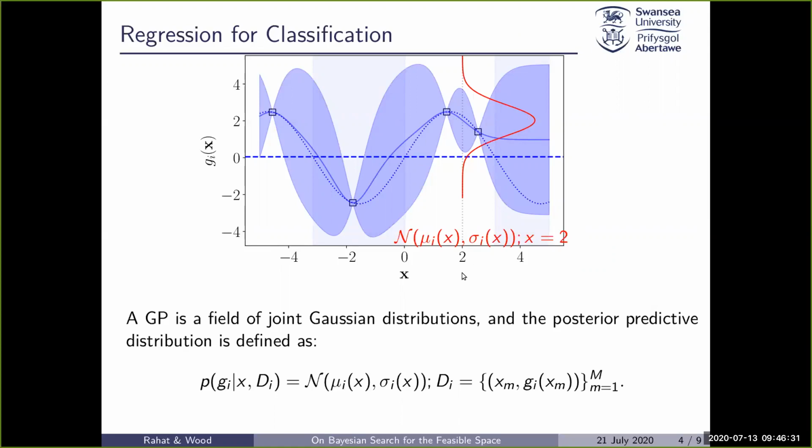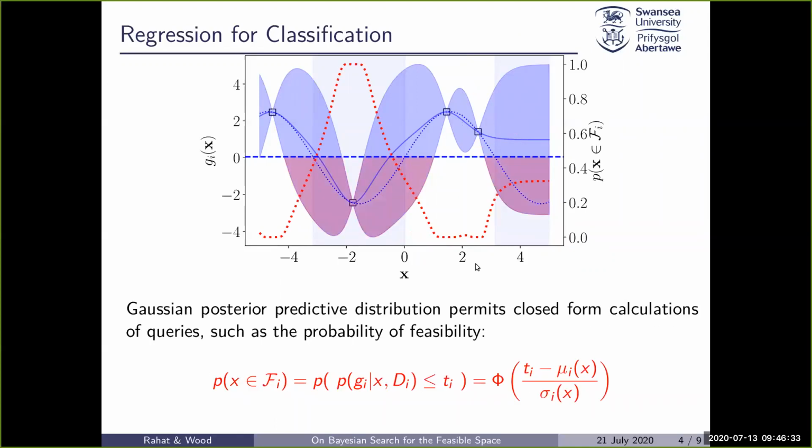So this allows us to compute some probabilistic queries about the whole domain given the predictions. So for example, we can ask what is the probability that a solution response is below this threshold ti, which is essentially the volume of the predictive distribution that lies below this blue line.